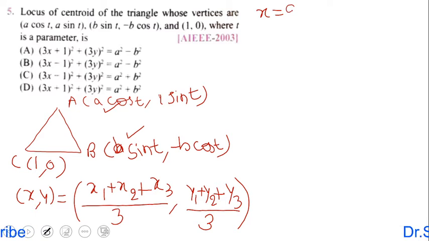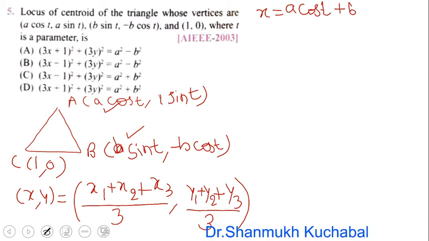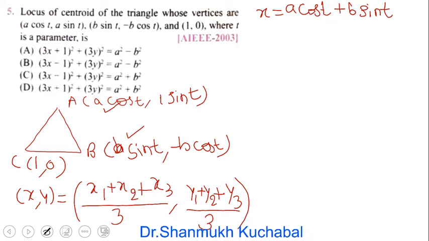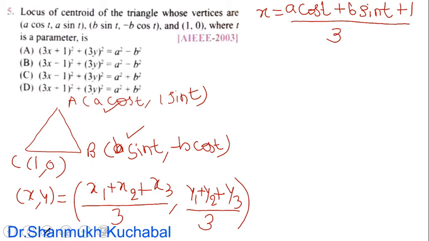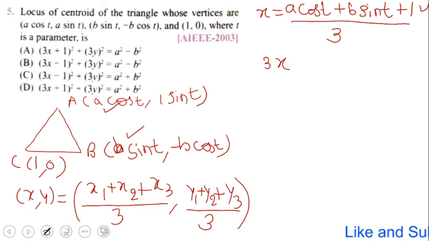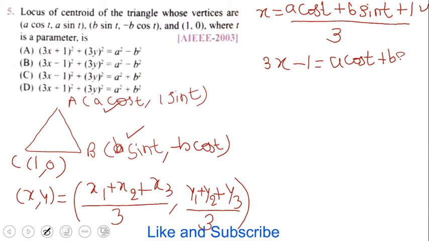So it is a cos t plus b sin t plus 1 divided by 3. So from here we write the solution for 3x. So 3x plus 1, transport it to LHS, minus 1 equal to a cos t plus b sin t. We get this.